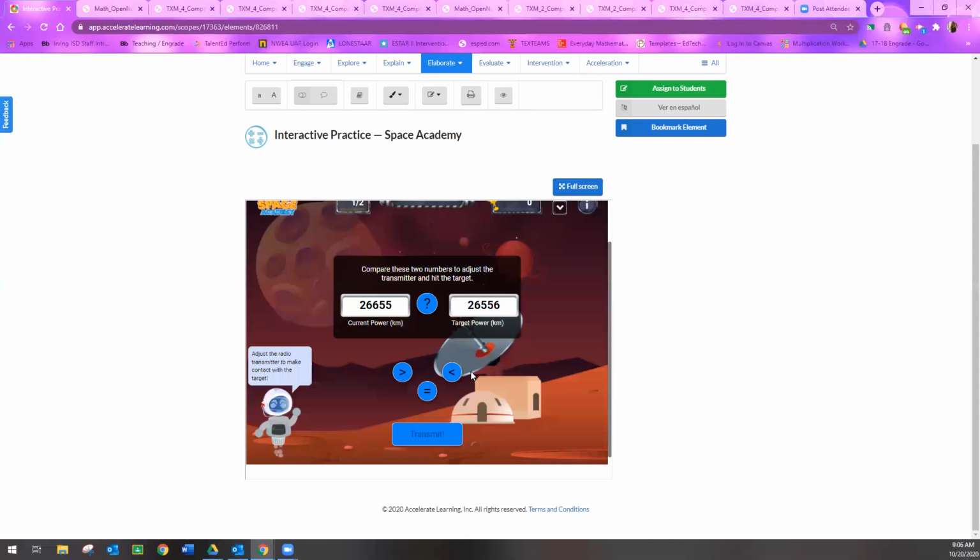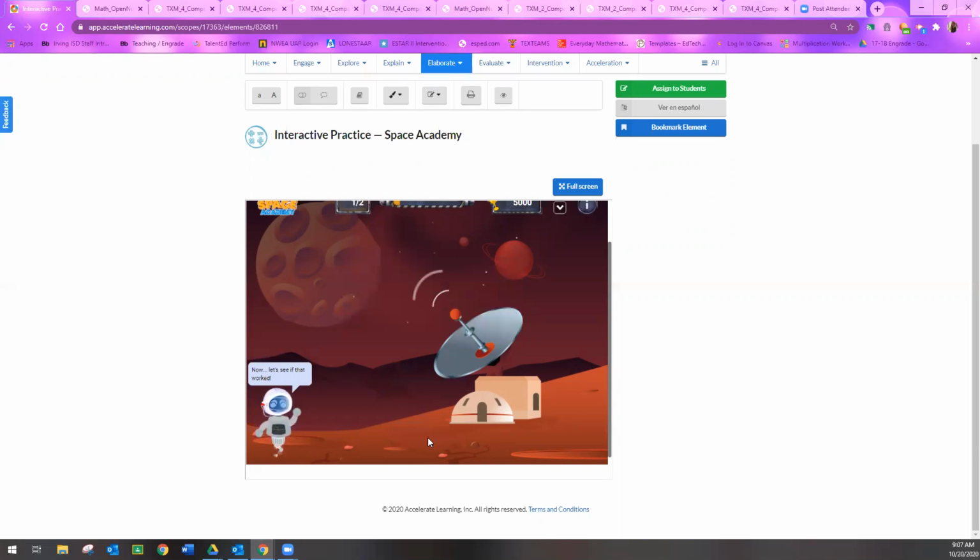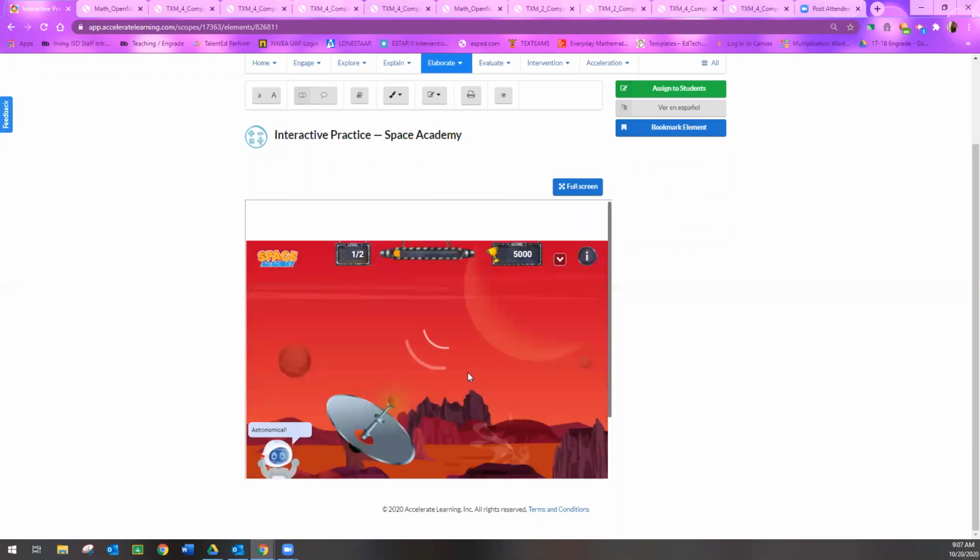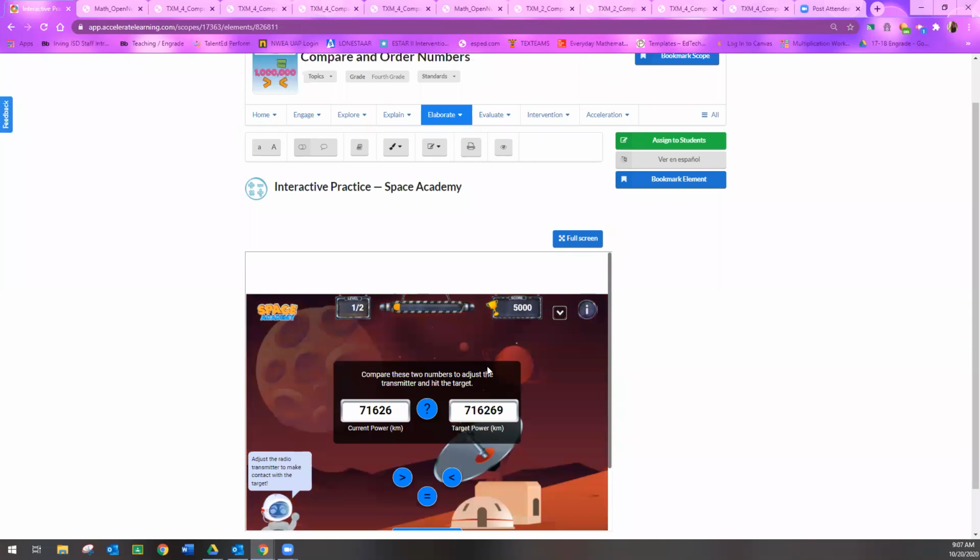This is more on level. Compare these two numbers to adjust the transmitter and to hit the target. So they would have to put the correct symbol between these two numbers and hit transmit. Okay, so it's just little interactive games that help them practice the learning that you've been giving them all week.